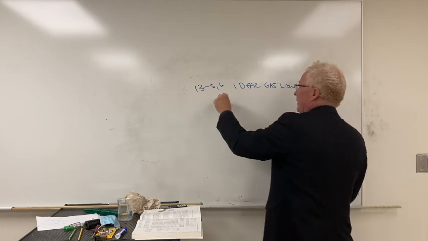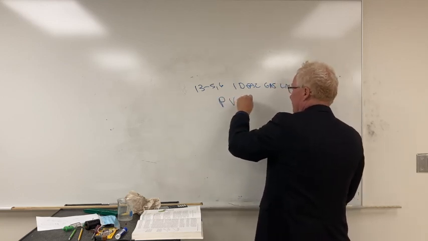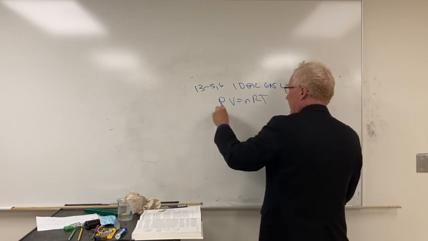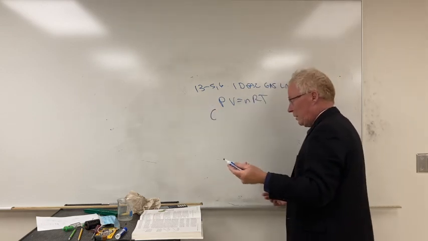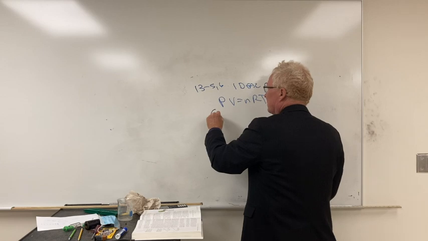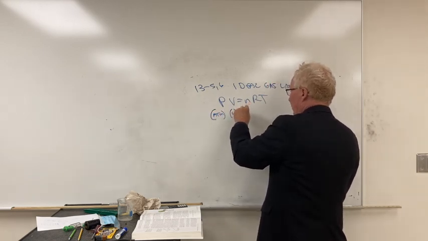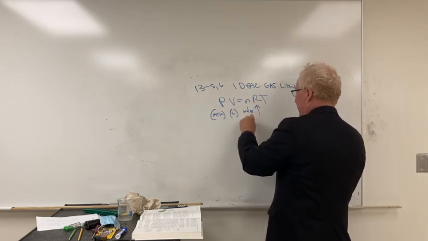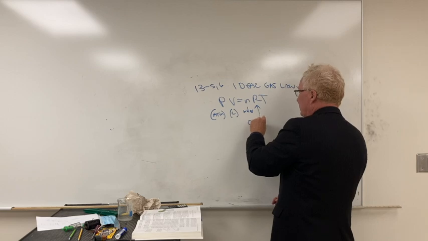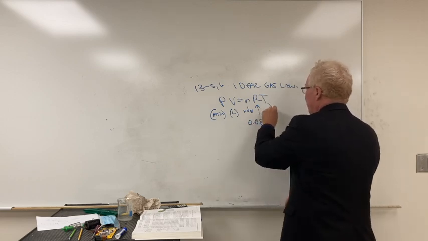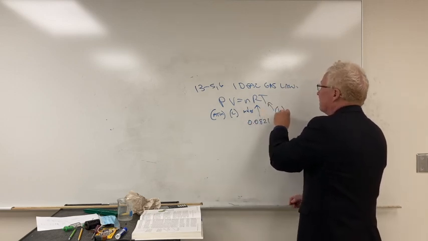All right, PV equals nRT. For most of the problems we're using, P is in atmospheres, V is in liters, n is in moles, R is the gas constant, 0.0821, and T is in degrees Kelvin.